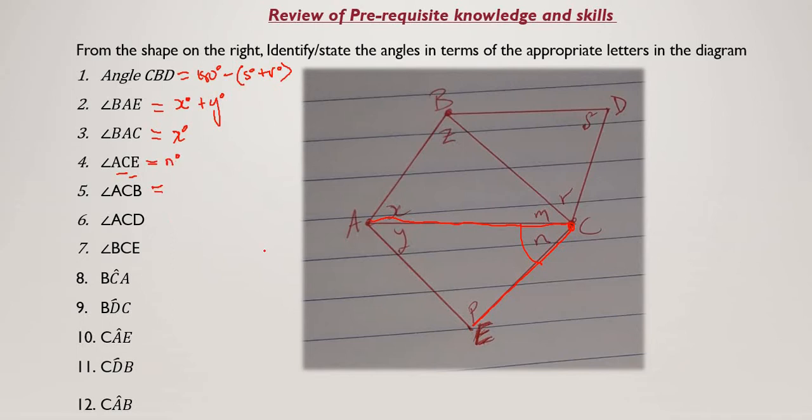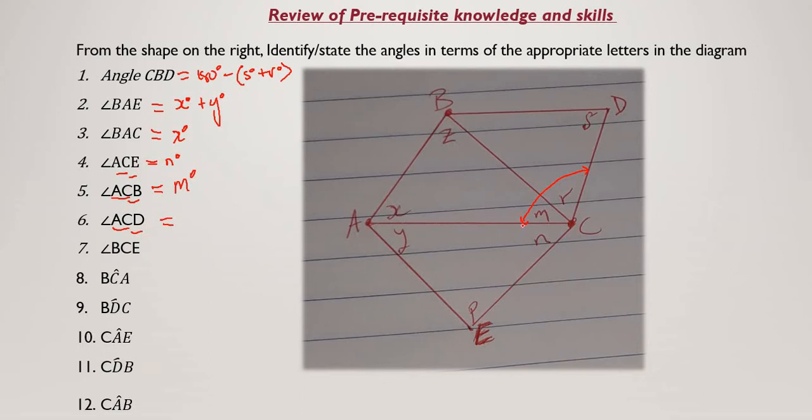Let's look at ACB now, going from A to C and then C to B. That'll be this angle right here, angle M. Next we're going to have AC, going from A to C and C to D. Look at the lines I'm connecting: from A to C, which is this line, and from C to D, which is this line.